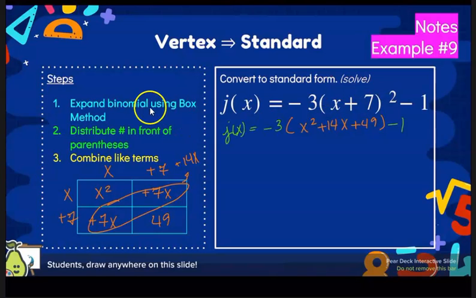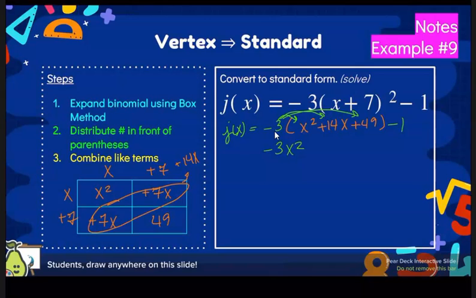So we did step 1. Step 2 now is going to be distribute the number in front of the parentheses. So notice I still have this number in front of the parentheses. Even though I expanded out my binomial, I'm still inside of parentheses because there's still a number here. So I'm going to distribute that number to each number inside my parentheses. So negative 3 times x squared is negative 3x squared.